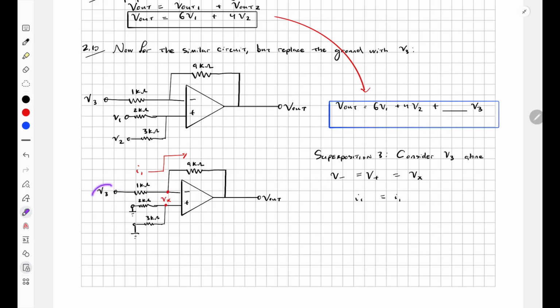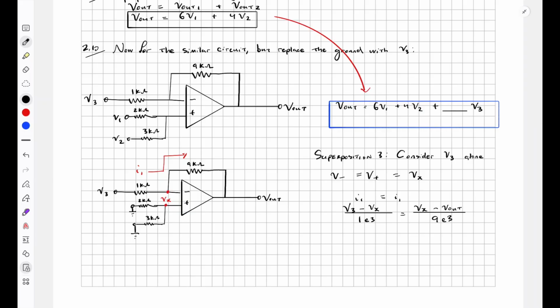I1 is defined by this voltage minus this voltage divided by that resistance. So it's V3 minus Vx divided by 1 kilo ohms. Same thing as this voltage minus this voltage divided by that resistance, so it is Vx minus V out divided by 9 kilo ohms.